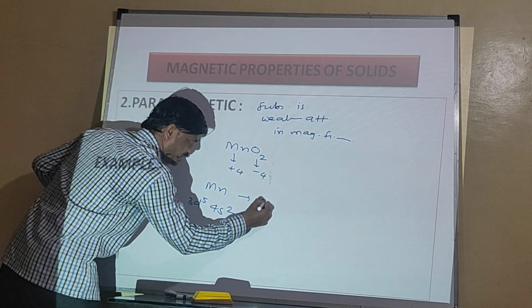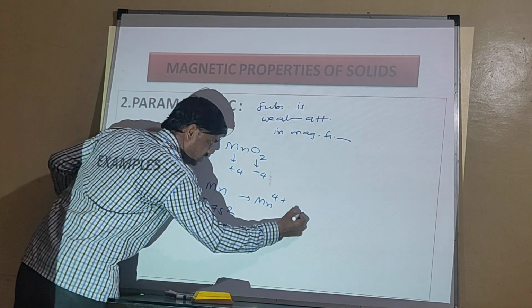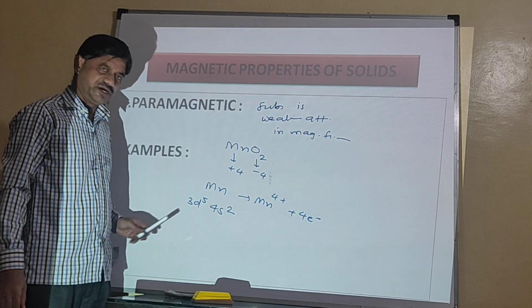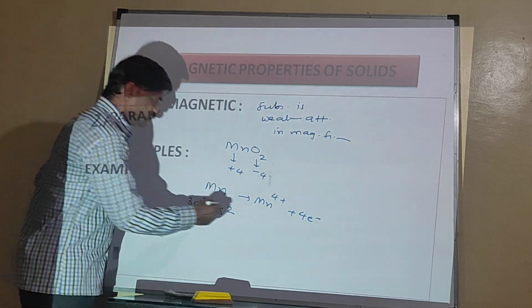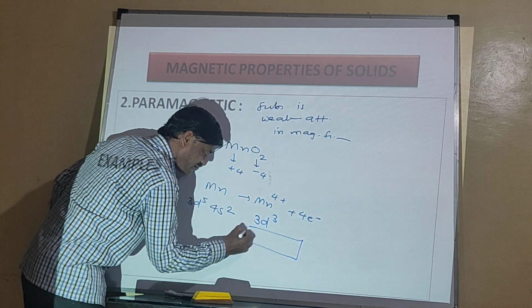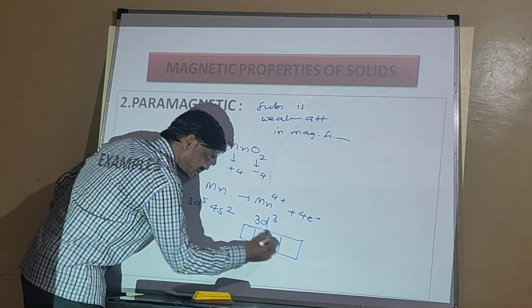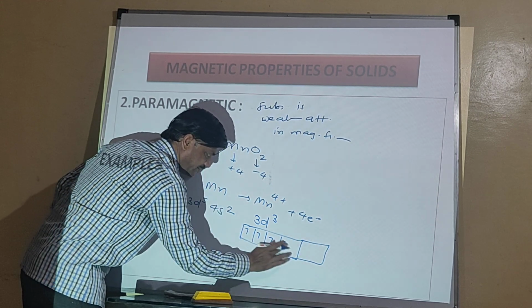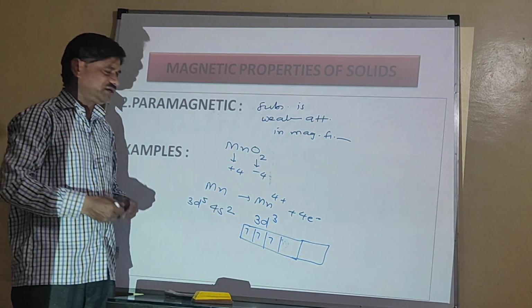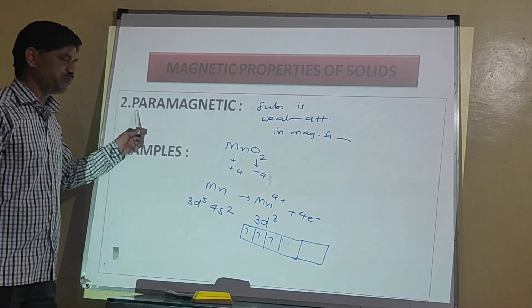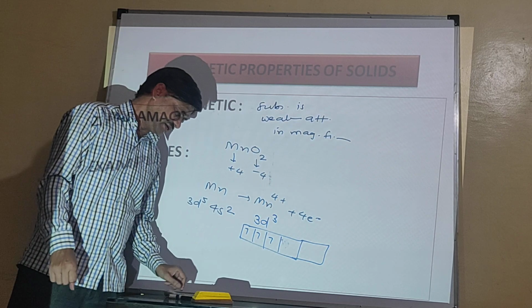In order to form Mn plus 4 ion, there is loss of 4 electrons. How? 2 electrons lost from 4s, remaining 2 from 3d. So the remaining configuration is 3d3. Tell me what happened in the d orbital? 1 unpaired, 2, 3, 4 and 5. So how many unpaired electrons are there? 3. So it is weakly attracted in a magnetic field and it is an example of paramagnetic.